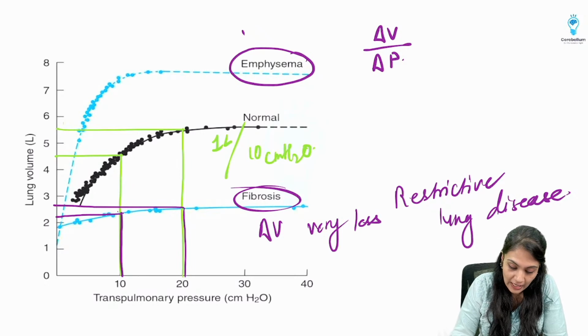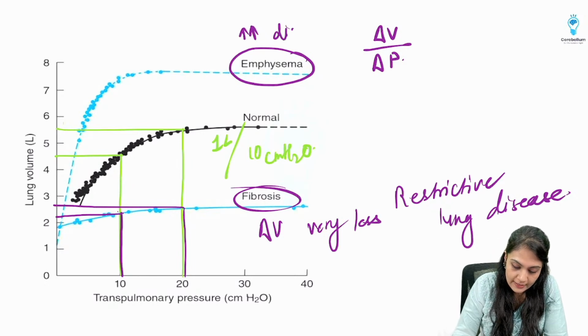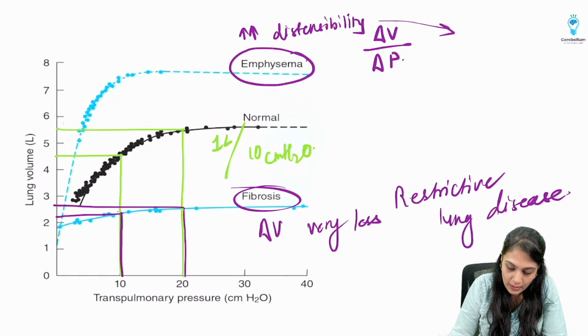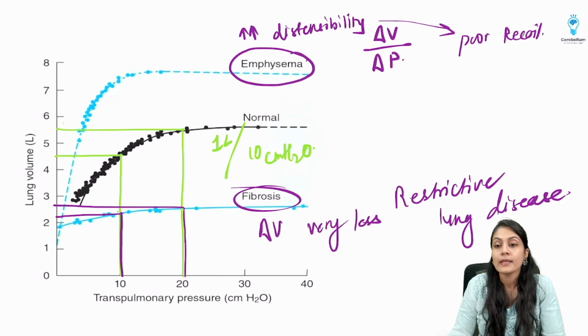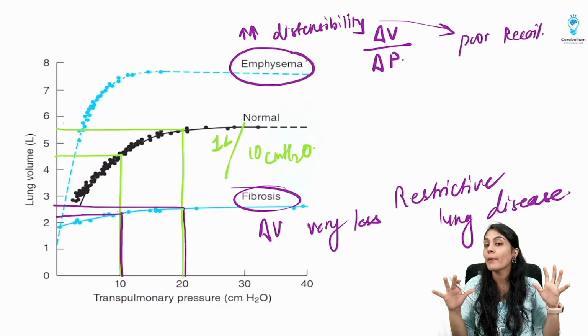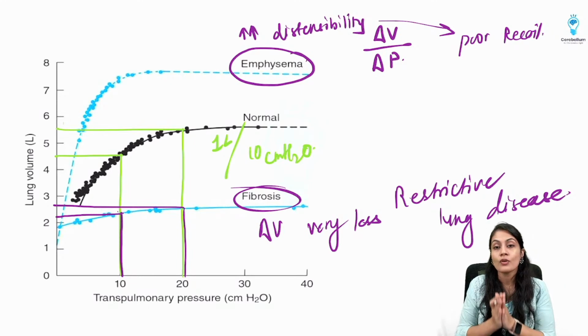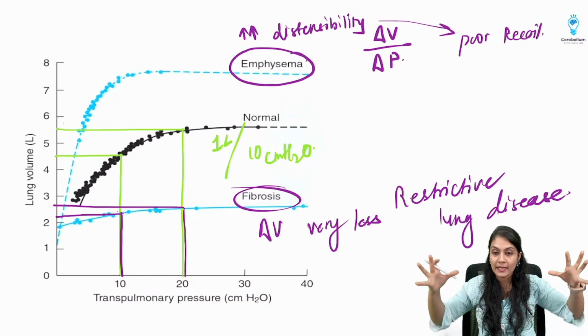It has very high compliance or very high distensibility. But the problem is that it has poor recoil. It will expand, but it is not able to come back to its normal position.